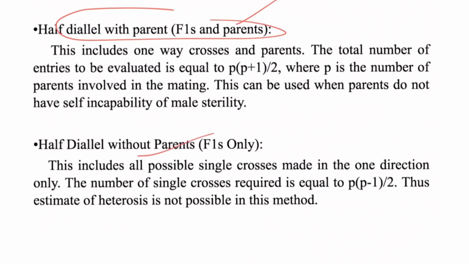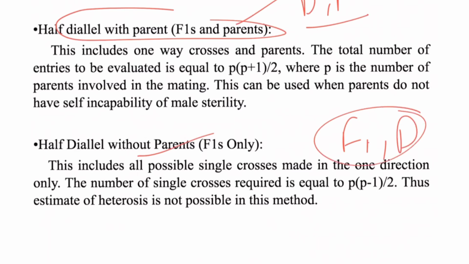Now let's talk about the evaluation of half diallel with parents and without parents. So there are only two conditions here. There are no reciprocals, so only direct crosses and parents are involved. In this, only F1 or direct crosses are involved. So this includes one-way crosses and parents. So the total number of entries to be evaluated is p(p plus 1)/2, where p is the number of parents involved.